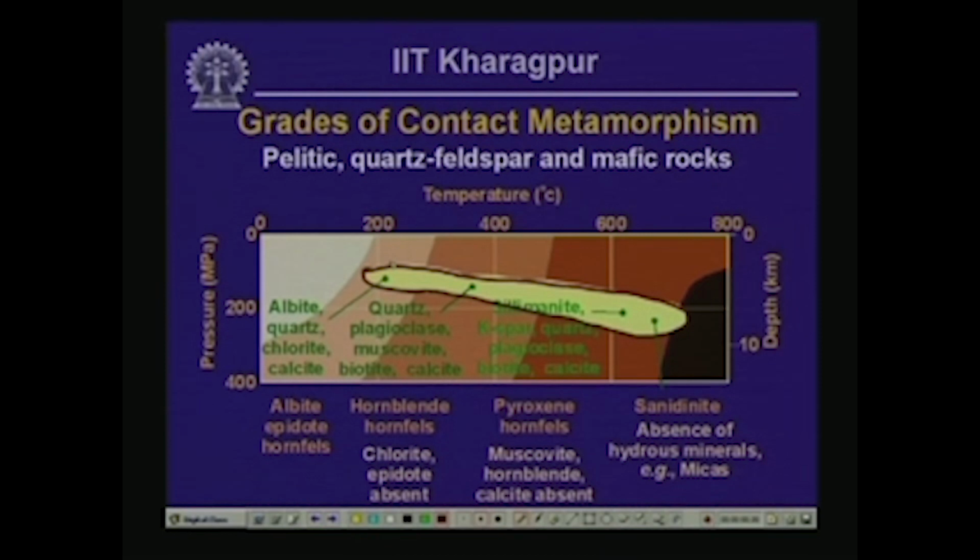Then we move on to the hornblende hornfels facies. In this case, we have primarily chlorite, quartz, plagioclase, muscovite and biotite mica and calcite.